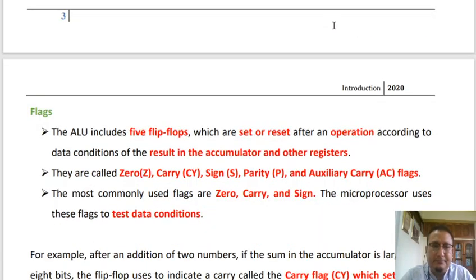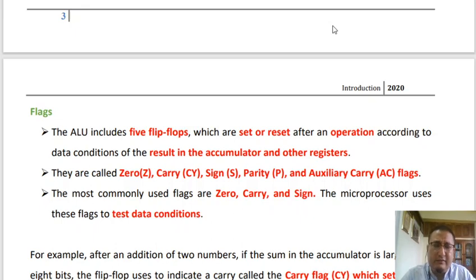Now, flag. This is very much important. The ALU has 5 flip-flops in it, which are set or reset, that means 1 or 0, whenever an operation is performed, based on the condition of the result in the accumulator.